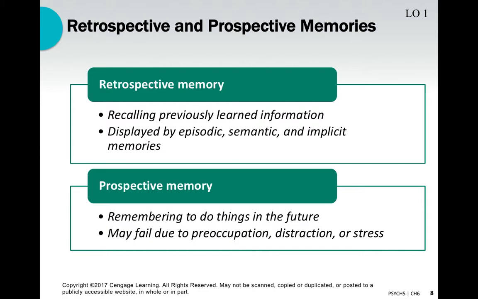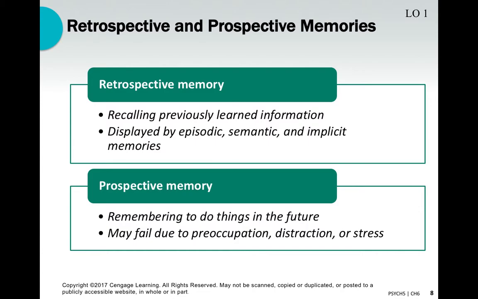If you've got a lot on your mind, you're preoccupied with other classes and your job, and maybe you've got kids to take care of, or you're distracted by life or other stresses, that can make prospective memory harder.